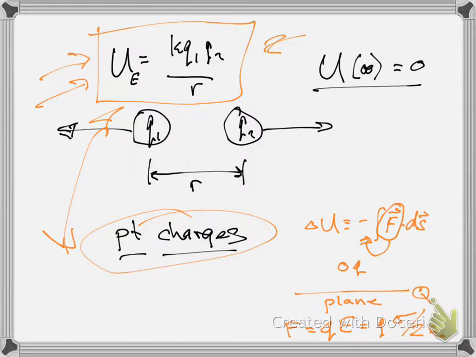And then the change in potential energy for a point moving some distance near a plane is going to be minus the force, Q sigma over 2 epsilon 0, times just the integral of the distance, which is the change in distance, delta x.